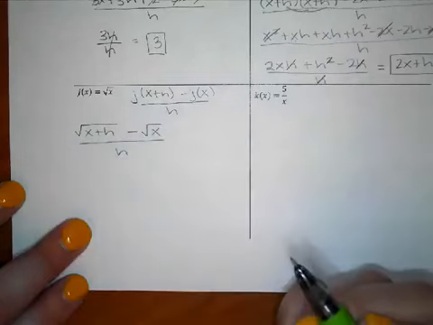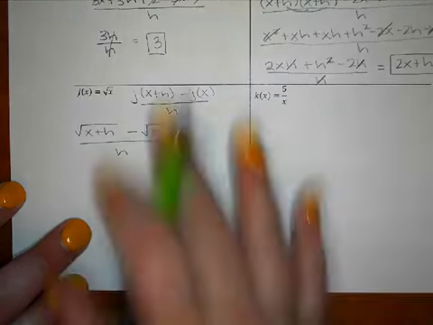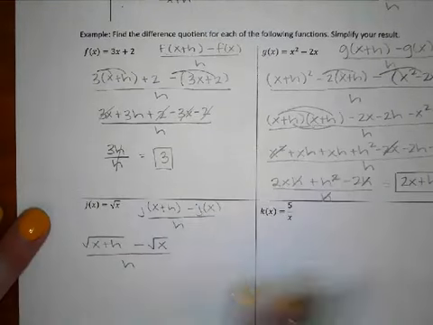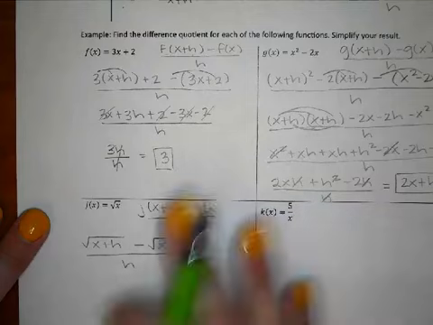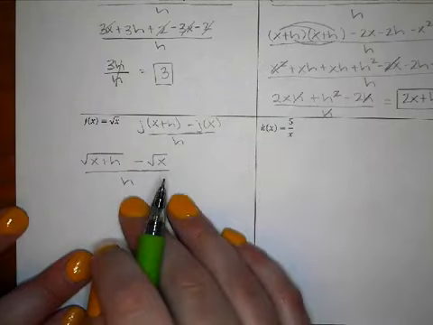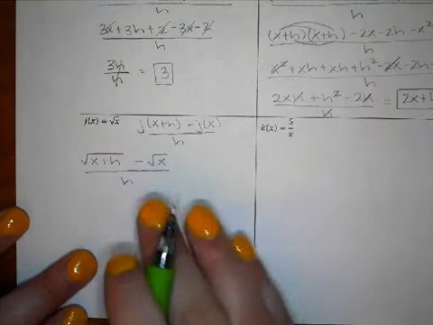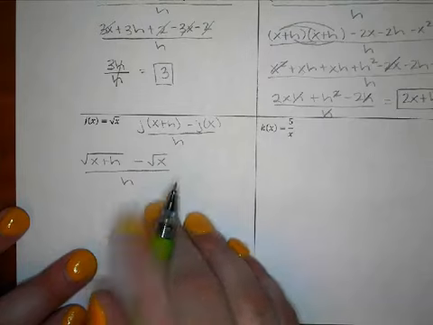And the book does more simplifying than that. All of this is a true pre-calculus concept. You're learning this because in calculus this is important. And I think that the way that the book does this doesn't make sense to learn in pre-calculus. So I'm going to have you guys leave it here. We're going to stop right here and call this the answer.